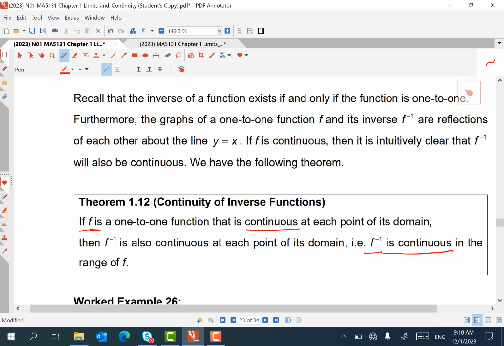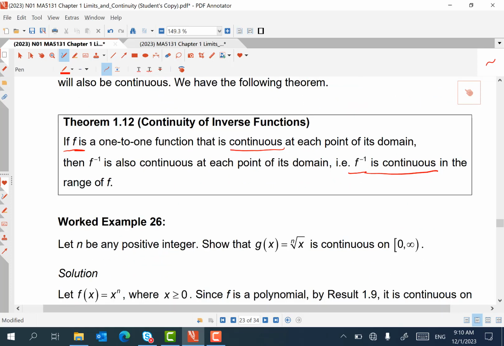You know that the function f and its inverse are just a mirror image. If you mirror image yourself in a mirror, do you expect to see a different person? No, right? So likewise, in the case of inverse function, the answer is if a function is continuous, so is the inverse.